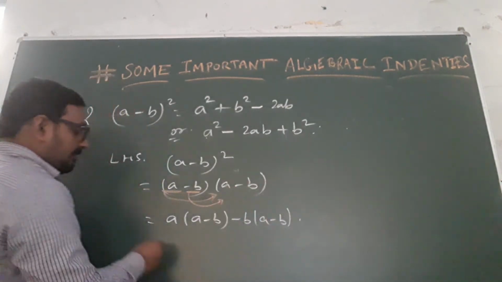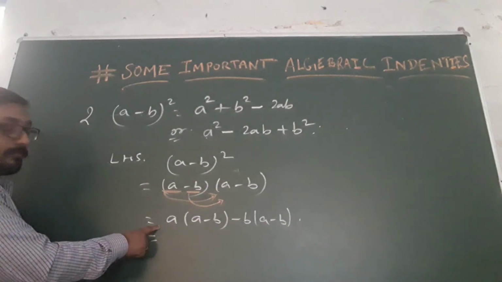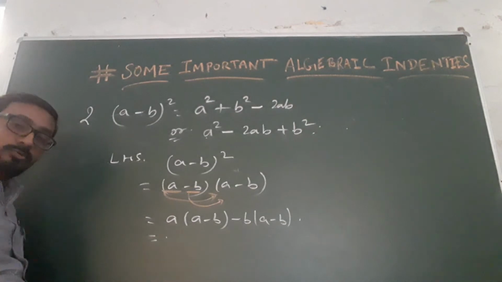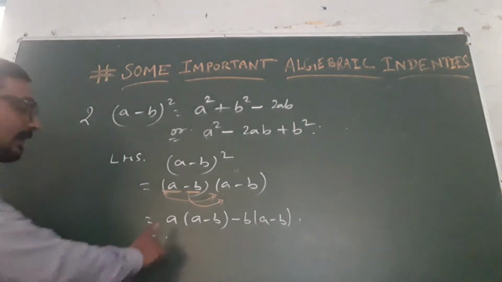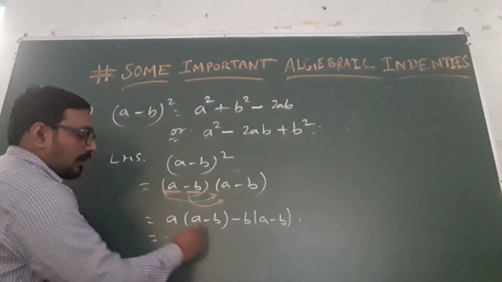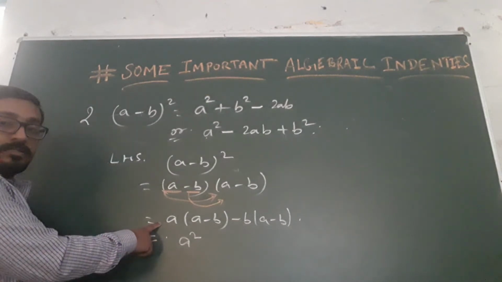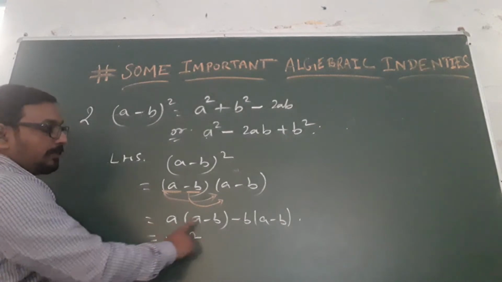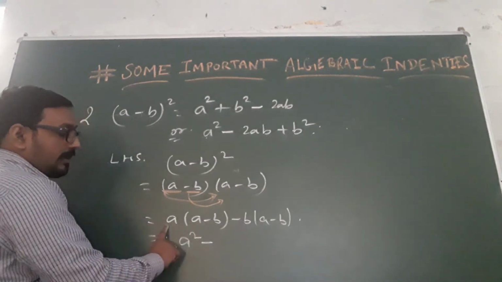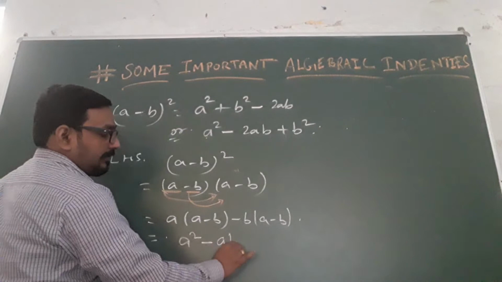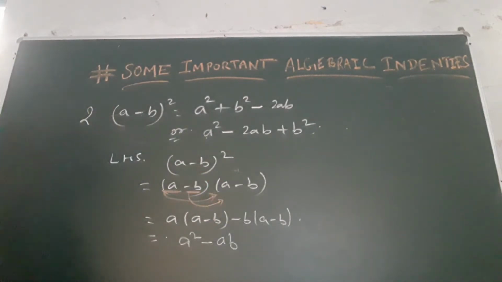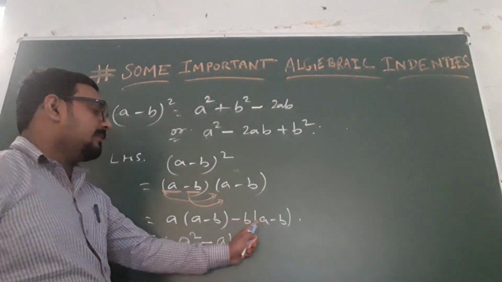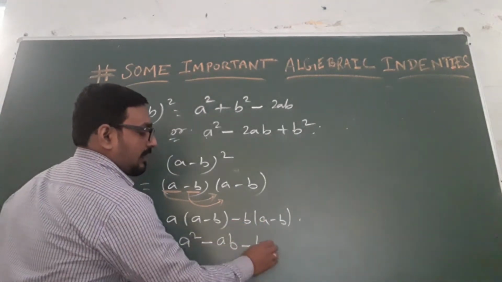How to multiply? See here, we have the plus sign of this a, so plus multiplied with plus, the sign is plus, do not write the plus sign, and a multiplied with a becomes a square. Now see here, this one is plus and this is minus, so plus multiplied with minus is minus, a multiplied with b becomes ab. Now remove this bracket, then minus b multiplied with plus a: minus plus is minus first of all, and this is ba.